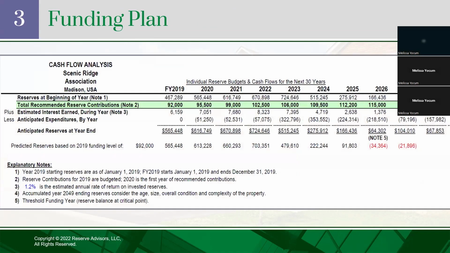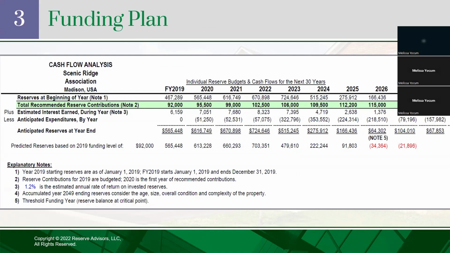Now, when we look at your balance sheet, we see that you have 5 different reserve accounts. We're going to talk through that, because if you do have these segregated reserve accounts, then we should set the reserve study up accordingly. But if you have one big general reserve fund, we're going to show the cash flow methodology. So we're going to start with that beginning reserve balance. You're providing that to us, how much you have in reserves today.